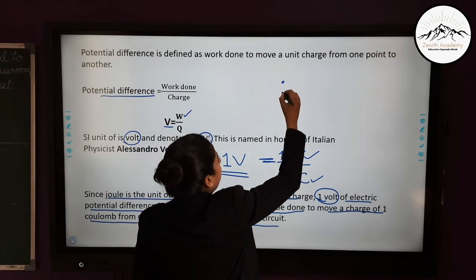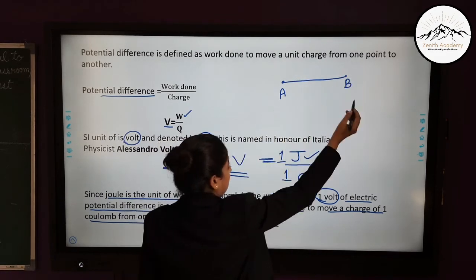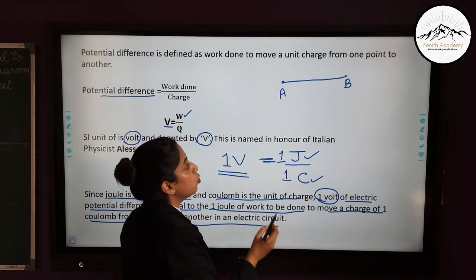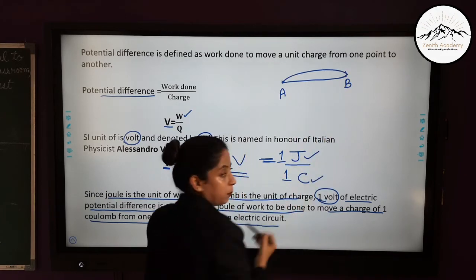So when there is point A and point B in an electric circuit, the potential difference will be said to be 1 volt when 1 joule of work is done in bringing 1 coulomb of charge from point A to B.